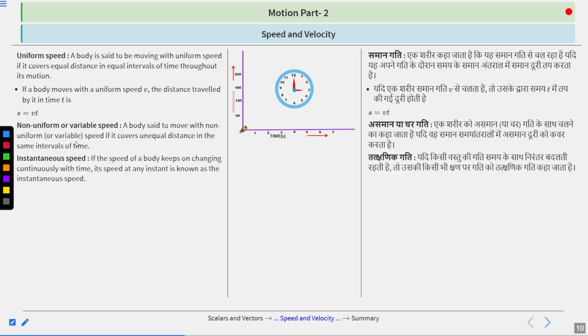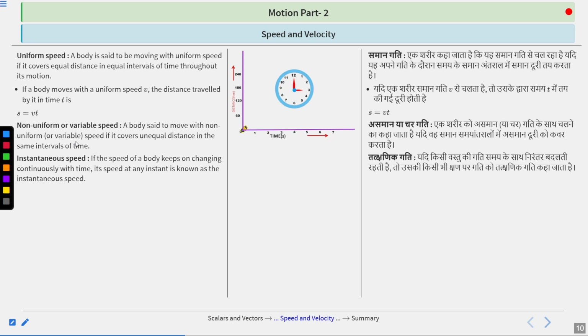Thereafter, the instantaneous speed. If the speed of a body keeps on changing continuously with time, its speed at any instant is known as the instantaneous speed.